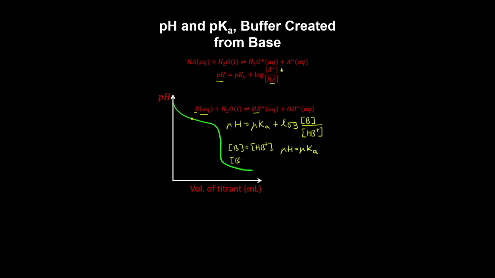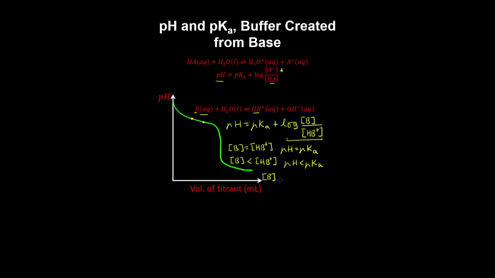And if the concentration of the base is lower than that of the conjugate acid, then pH is less than pKa, because the log term would be negative. So that would indicate this point where the solution is more acidic.